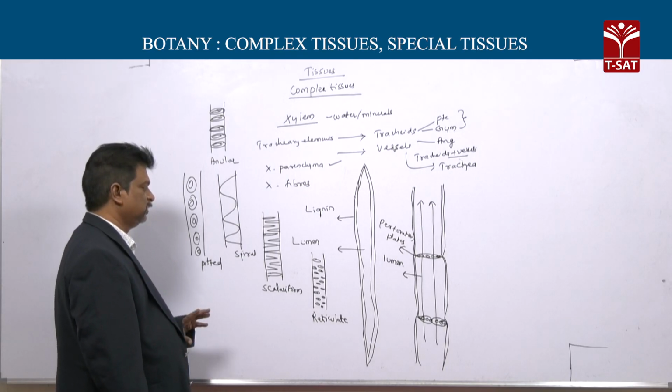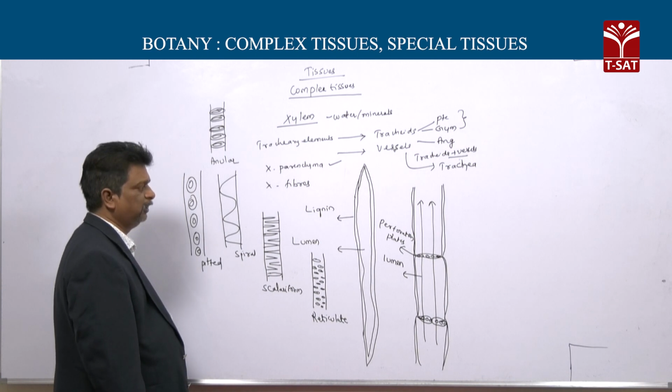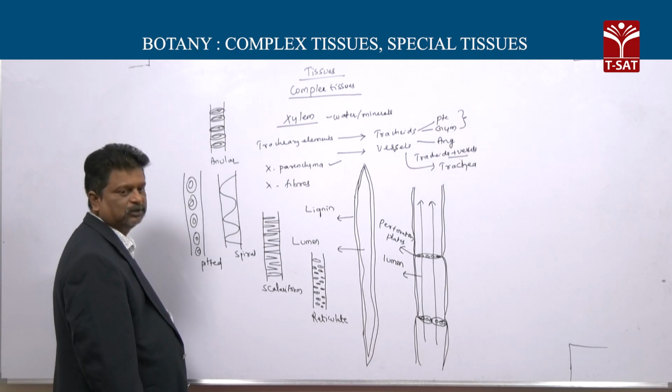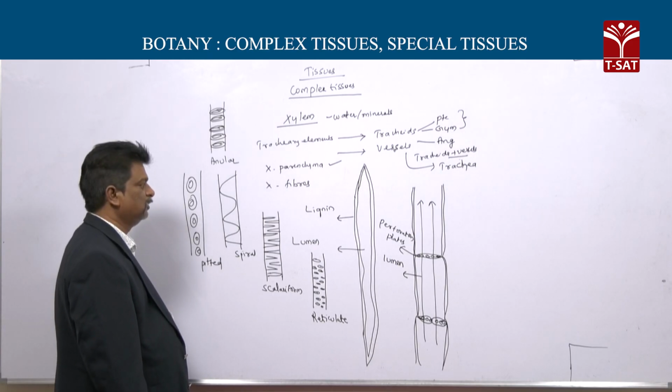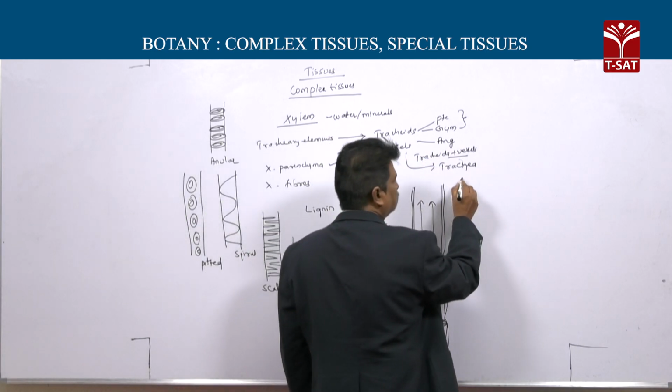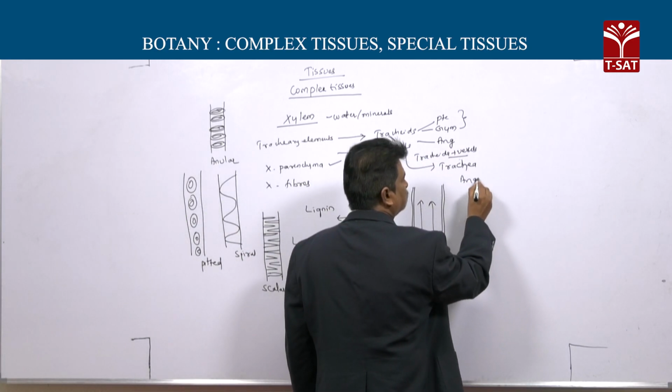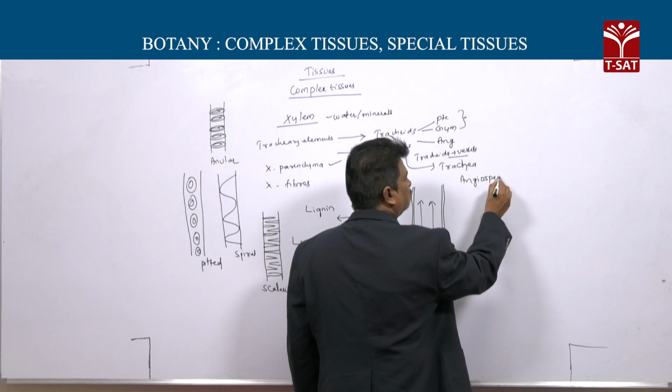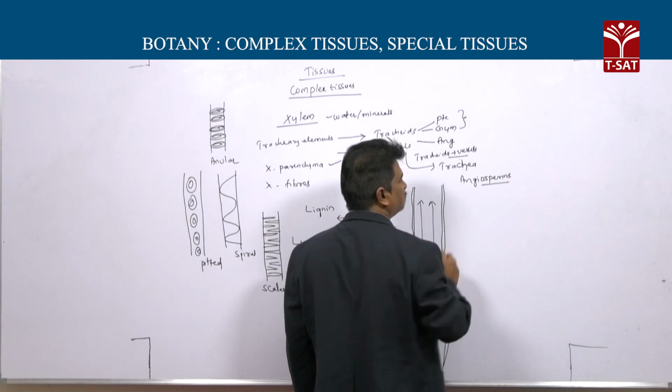Here tracheids and vessels help in conduction, and their cell wall is made up of lignin. So along with conduction, they also provide mechanical support. Then vessels are a characteristic feature of angiosperms. Vessels are formed in angiosperms.